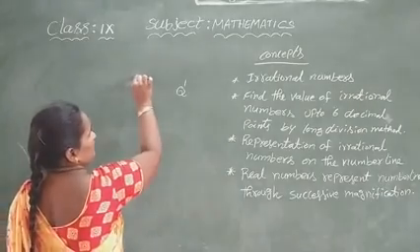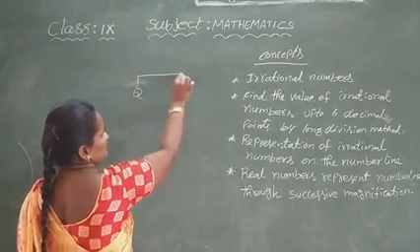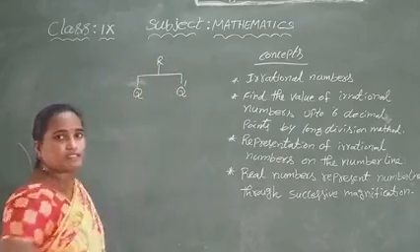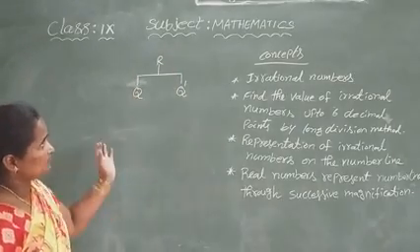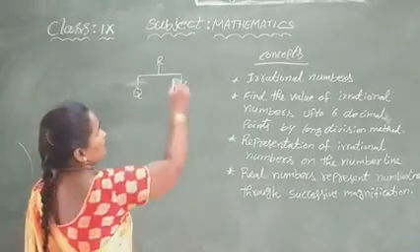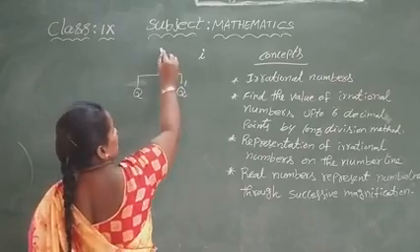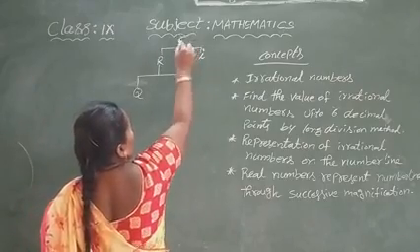These rational numbers and irrational numbers together are called real numbers. And what is not in real numbers, that is imaginary numbers. These two together are called complex numbers.